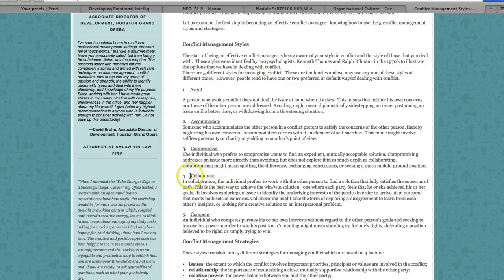Just keep in mind that collaborating is the best conflict management strategy to use. However, based on the situation and the circumstance and even the individual, you may want to go into some of these other modes as well, but always strive to be more of a collaborating conflict manager.